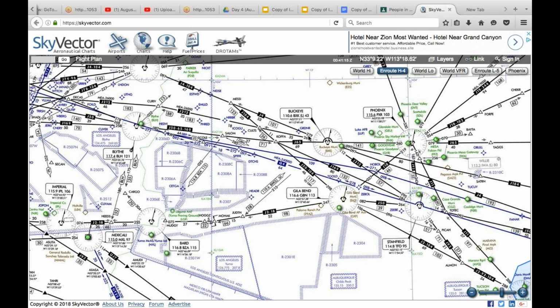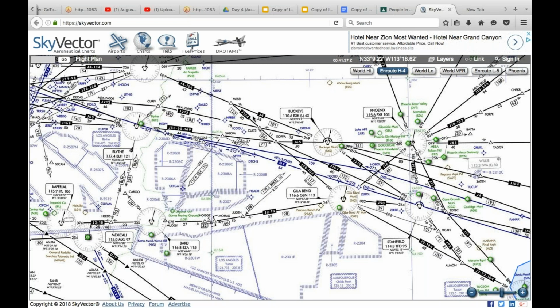So that's how he knows he's over that intersection there, because that 53 miles will show up on his DME, and it'll show that he's on the 279 radial there. That's how the pilots use that information.